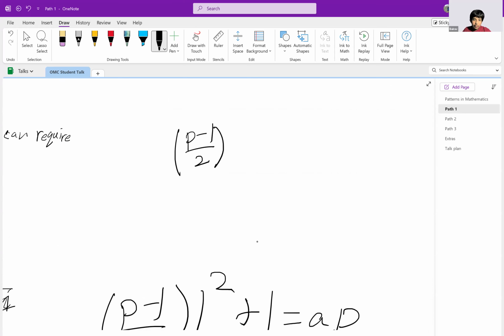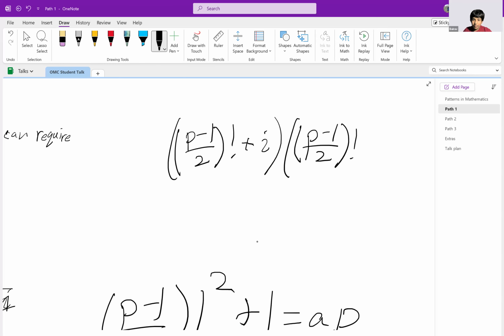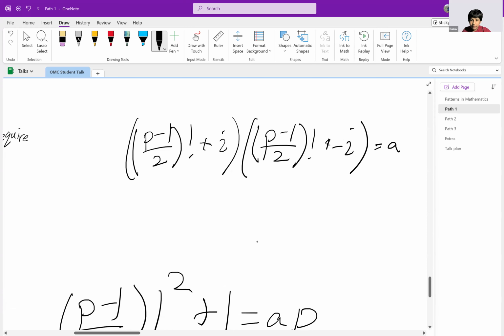So then we can just factor this with Gaussian integers. And then we use something interesting, which is that in Gaussian integers, just like in integers, we have unique factorization into primes.